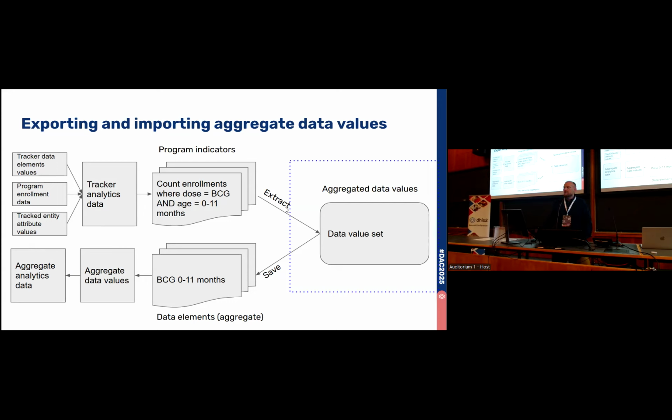Through the data exchange service, that is brought out into a new format, the data value set format, essentially creating the aggregate data values, which are then imported into the aggregate data value tables in DHIS2. From that, you create the aggregate analytics tables and do all the reporting and visualizations using the data visualizer. So that's the flow of data from your raw tracker data all the way through to aggregate analytics, which you see in a dashboard.